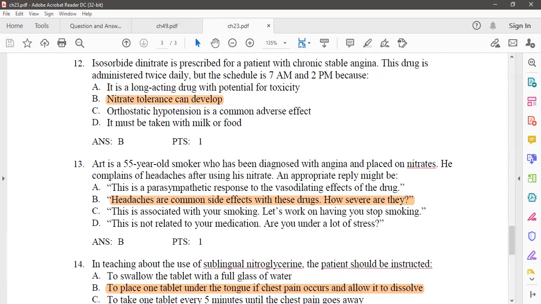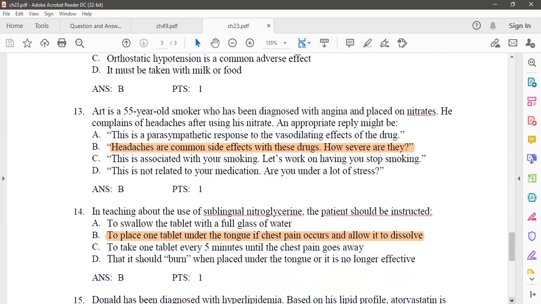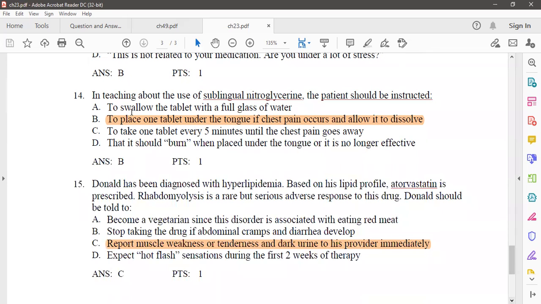How severe are they? In teaching about the use of sublingual nitroglycerin, the patient should be instructed to place one tablet under the tongue if chest pain occurs and allow it to dissolve.